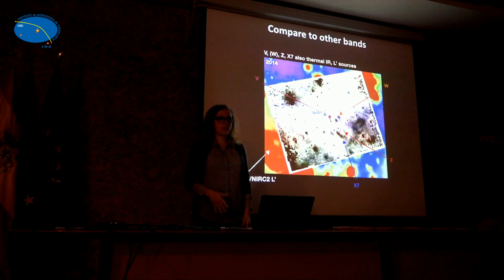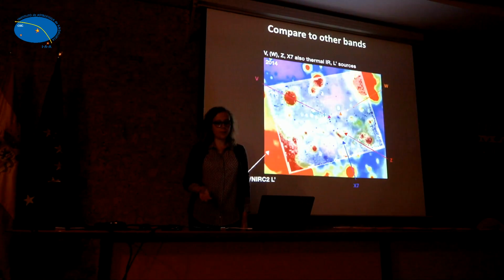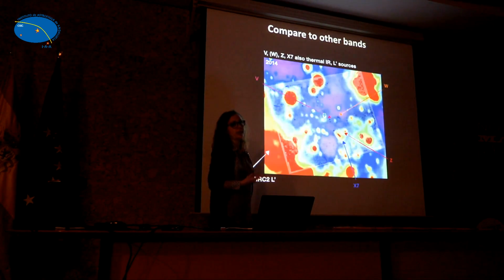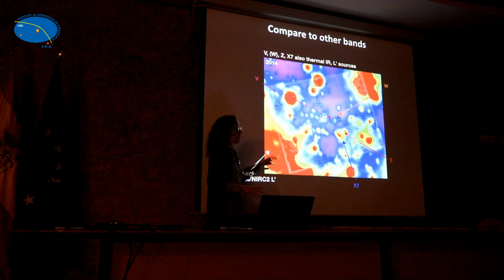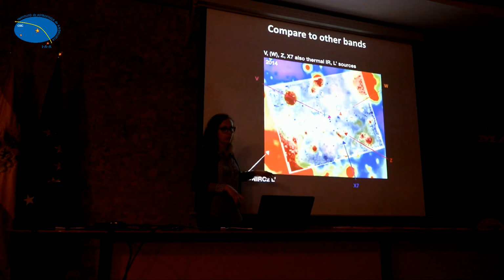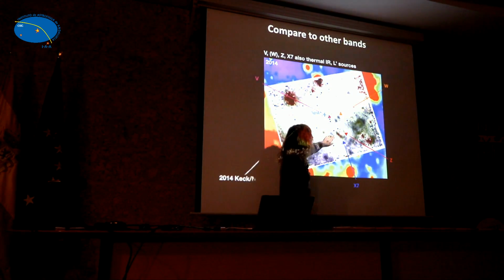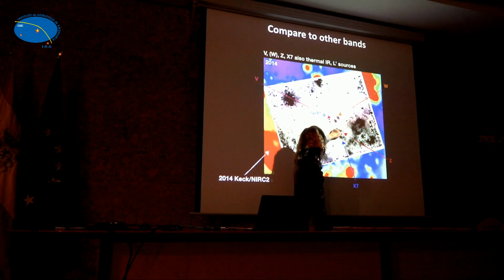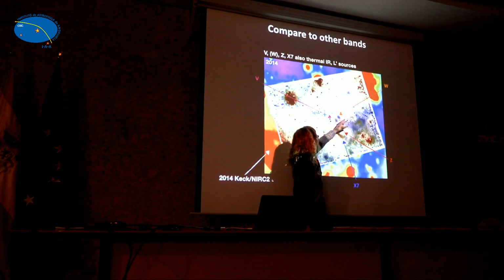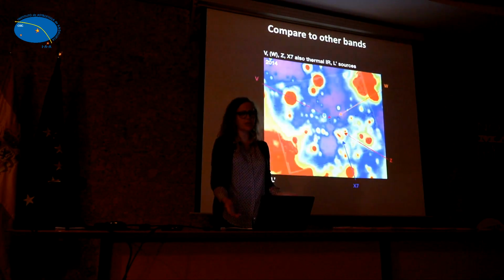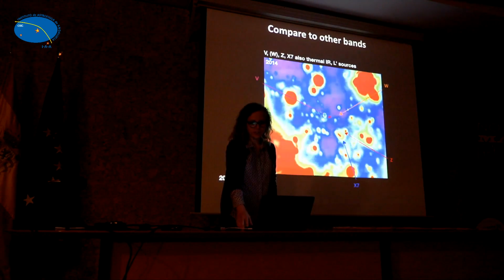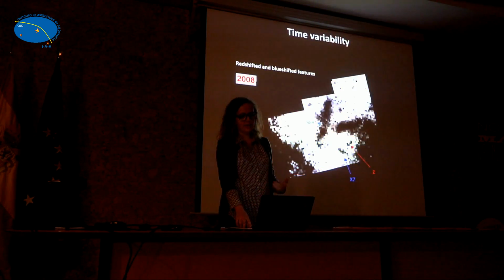Also, most of these sources are infrared sources that we can also observe in L-band images. This is an image taken by Keck as well, but with the imager NIRC2. And we can recognize again X7, maybe Z, V, and W. So maybe there is not really a counterpart in this case. But this helps us understand what these things are, if they have counterparts in other bands, and how they behave.